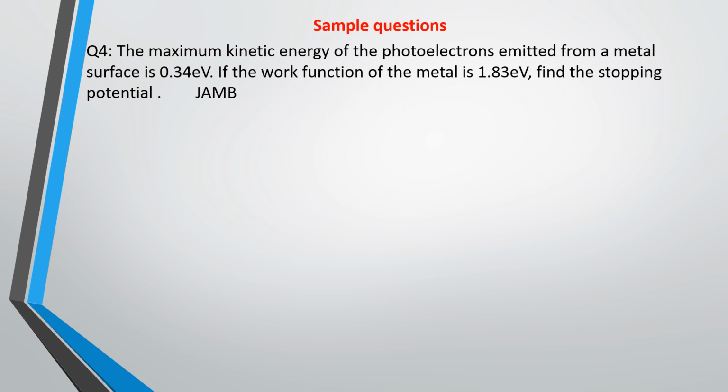This question says that the maximum kinetic energy of the photoelectron emitted from a metal surface is 0.34 electron volt. If the work function of the metal is 1.83 electron volt, find the stopping potential.